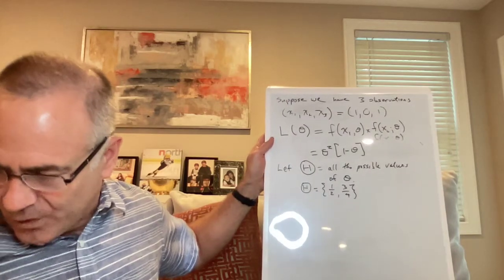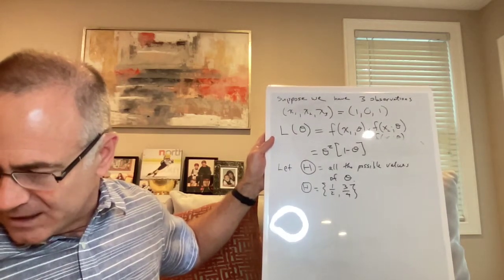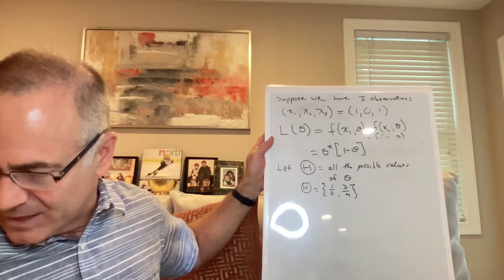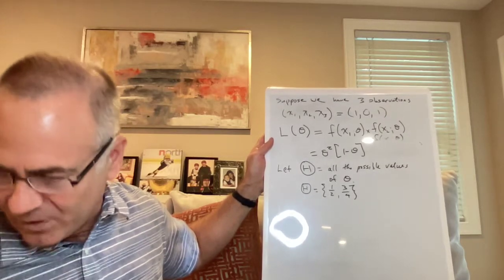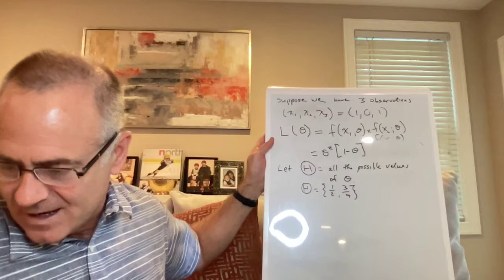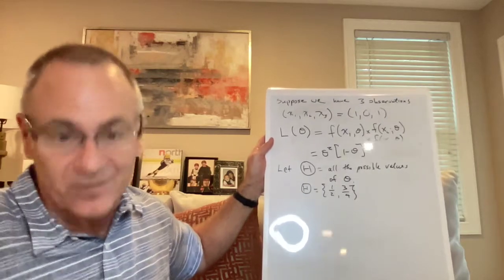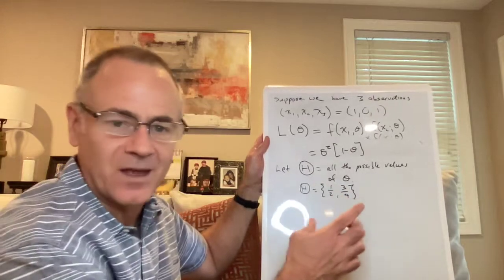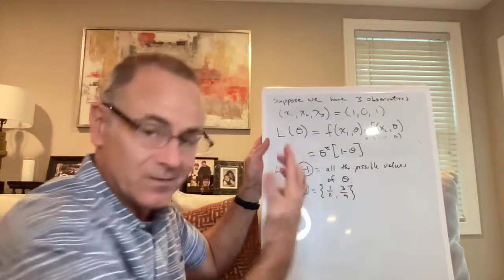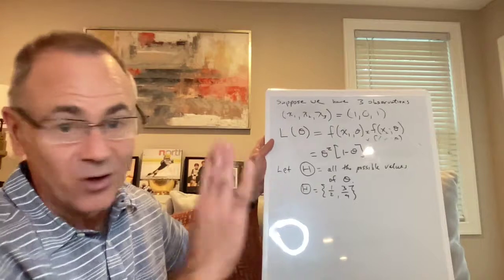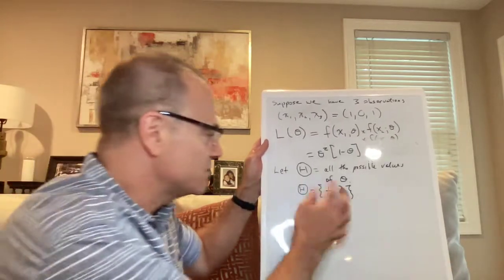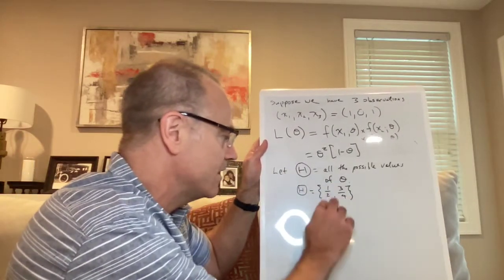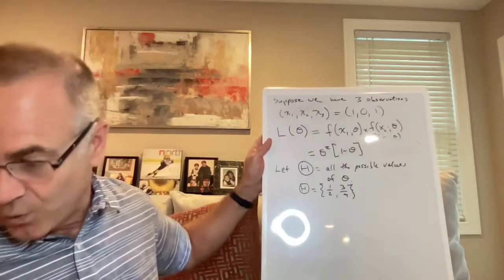Flew writes, the sum of likelihoods of rival hypotheses may be much greater than one, or it could be less than one. So this is the idea of rival hypotheses. We'll talk about the null hypothesis and alternative hypothesis. Suppose there's only two possible hypotheses: theta equals 1/2 or theta equals 3/4.